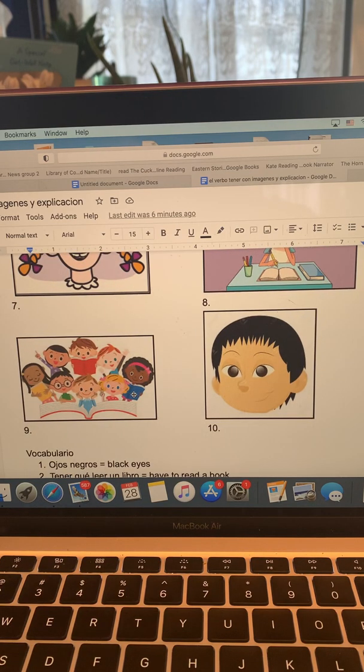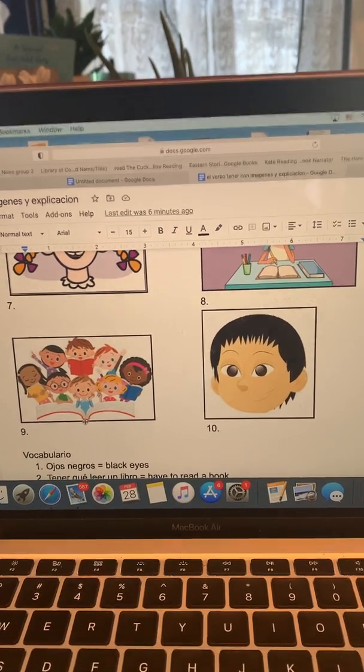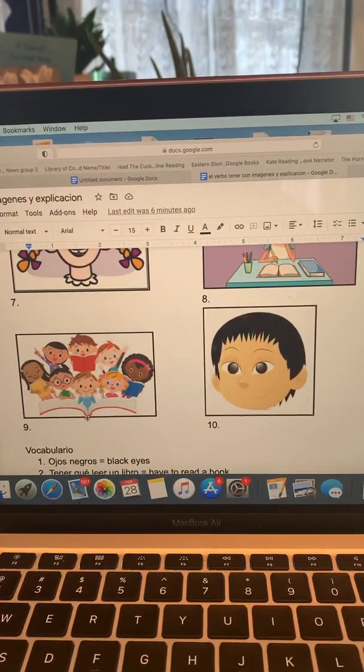Our next image. These children need to read. So I see plural, more than one child. So you need to choose any plural pronoun.